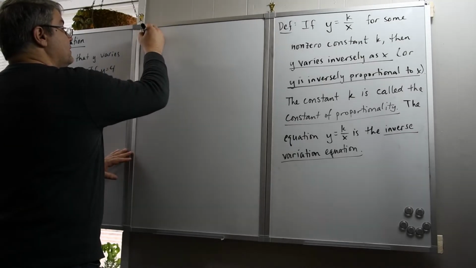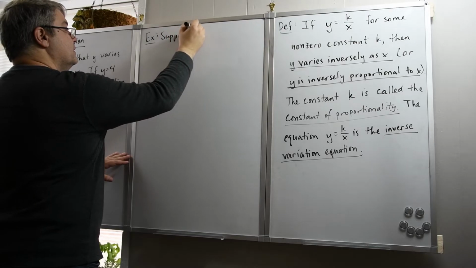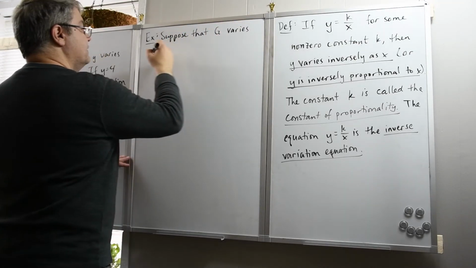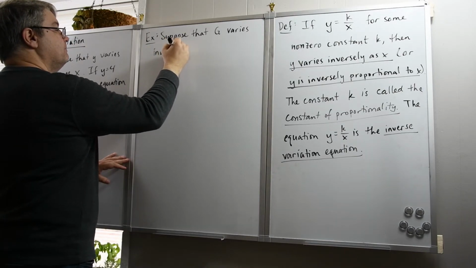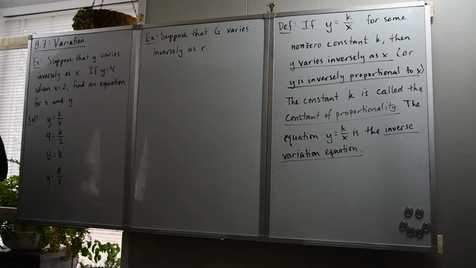So in this example, we're going to suppose that capital G varies inversely as R. So once again, this will give rise to a particular translation into the equation.